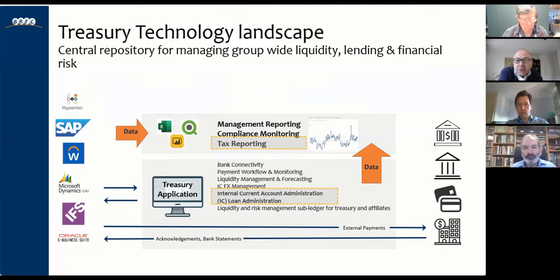And then for the tax audit afterwards, they may come and say, hey, when did you decide and why did you decide to give a specific loan, and why did you decide on a specific structure? And in more detail, when we are combining the intercompany current account administration with the intercompany loan doc administration, you get an up-to-date insight in what the liquidity position of an entity is.